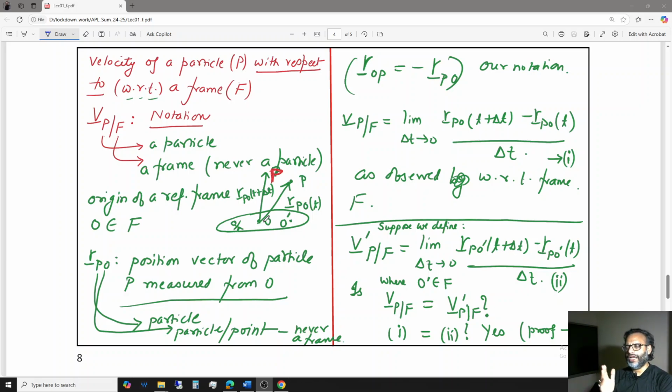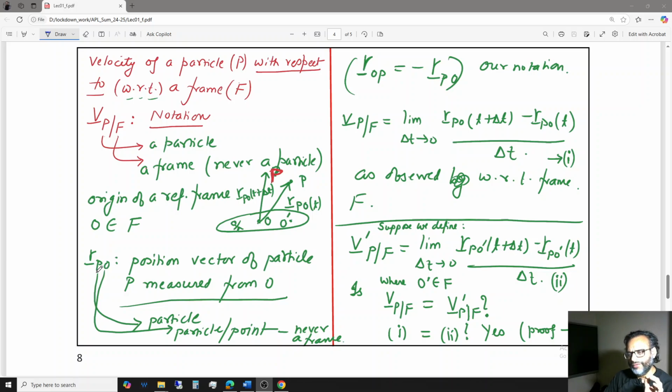Again, while writing the position vector of P, I have used a notation, and again you have to stick to this notation. RPO means position vector of a particle P measured from O. So when I use R, there are two characters in the subscript.